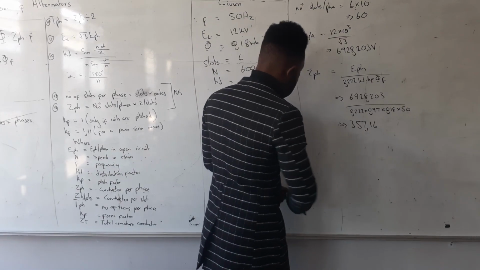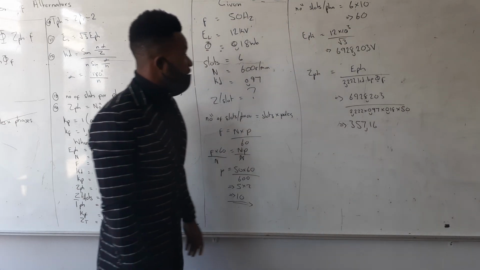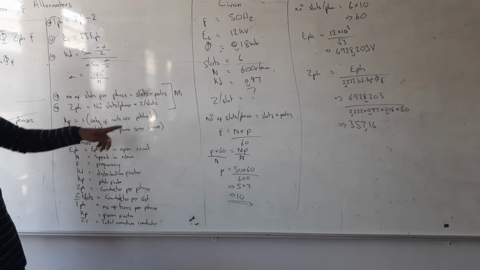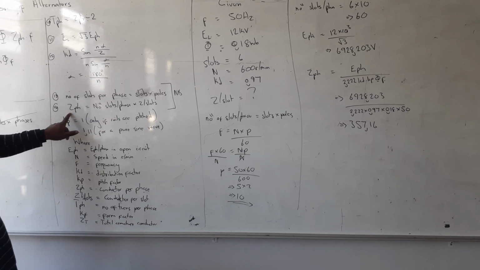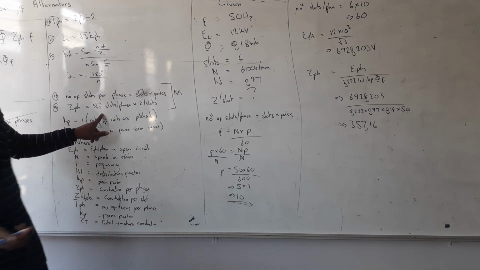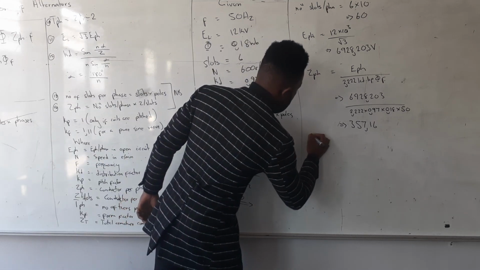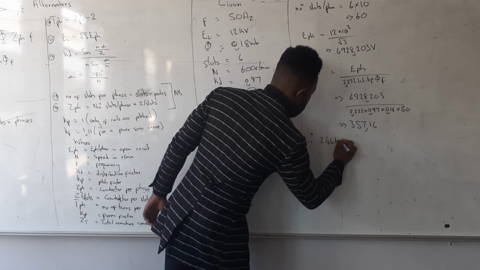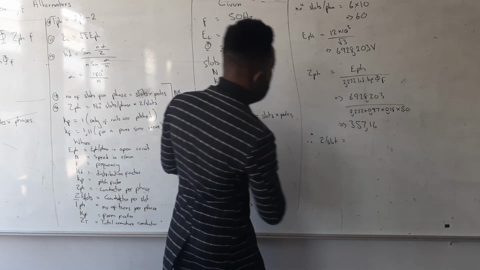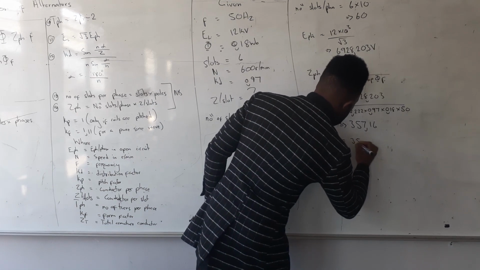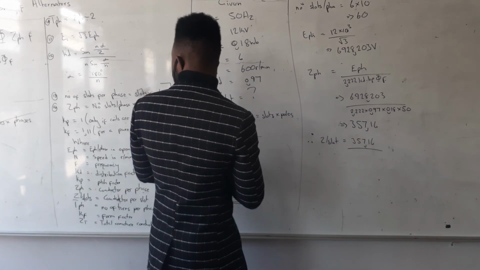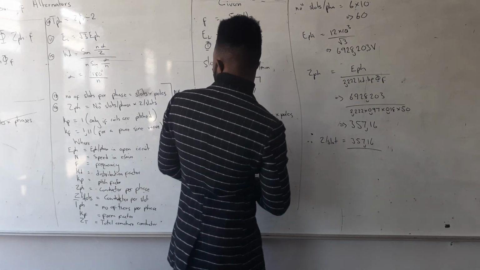And this one is conductors. So I have my Z phase, and what's next? I can calculate my Z per slot, because now I have this and I also have this. To get my Z phase load, it's Z phase, which is 357.1, divided by the number of slots per phase.